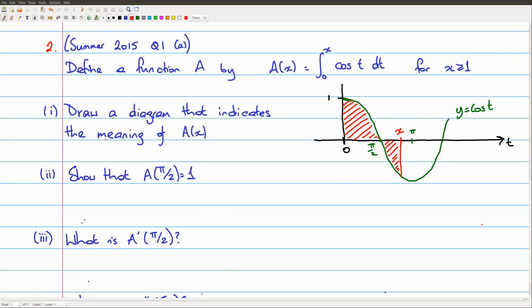So if we take account of all that area, counting area below the x-axis as negative, of course, basically A of x is the shaded area, with the part below the t-axis counted negatively. If you didn't say that, I would not hold it against you in an exam.